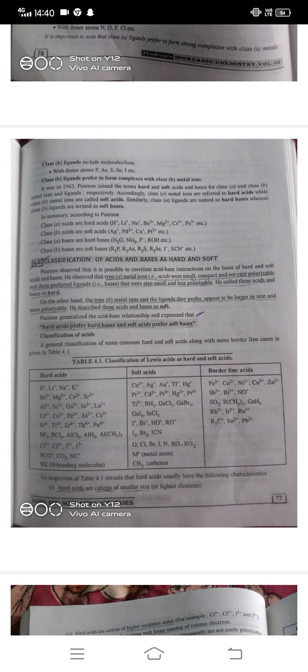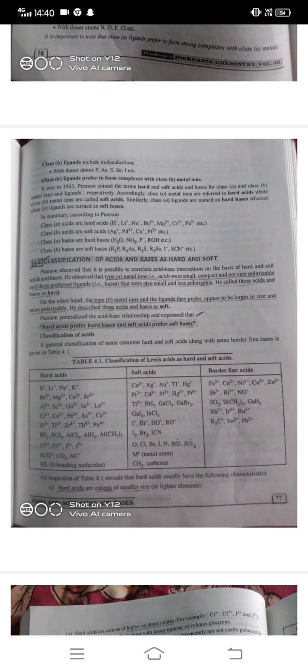It was in 1963 that Pearson coined the terms hard and soft acids and bases for class A and class B metal ions and the ligands respectively. Accordingly, class A metal ions are referred to as hard acids while class B metal ions are referred to as soft acids.